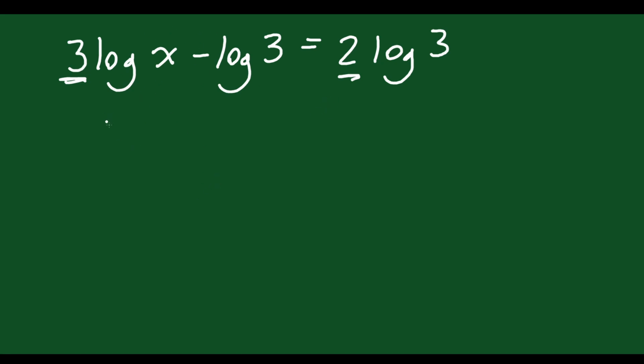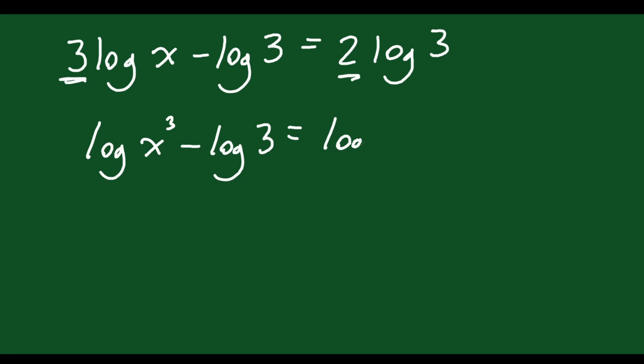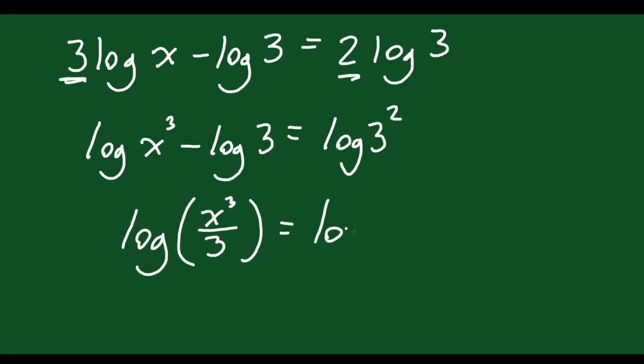And so I'm going to use the power rule. I'm going to say this is log of x cubed minus log 3 equals log 3 squared. So I'm just moving those coefficients into the exponents, right? Just the power rule. From here, you can use the quotient rule, right? So you get log of x cubed over 3 equals log of 3 squared, which is 9.